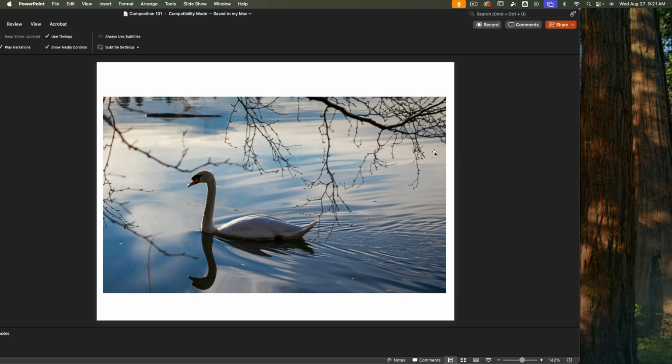Notice how just the simple branches of this tree are framing this guy right here. Even the reflection. See how it almost follows the curve of the head right here? This branch. So cool.